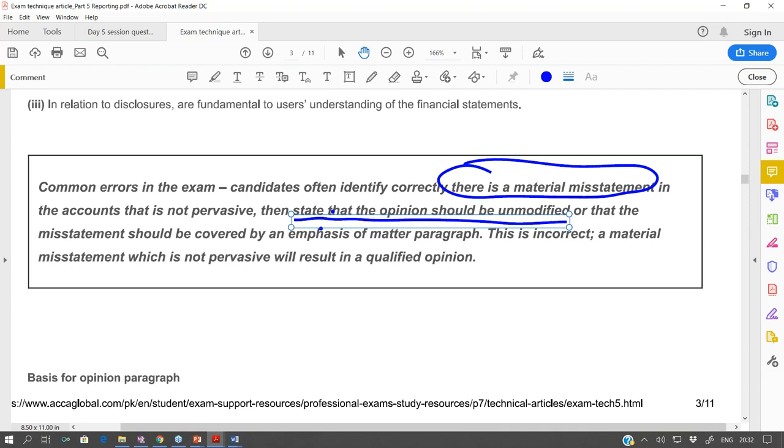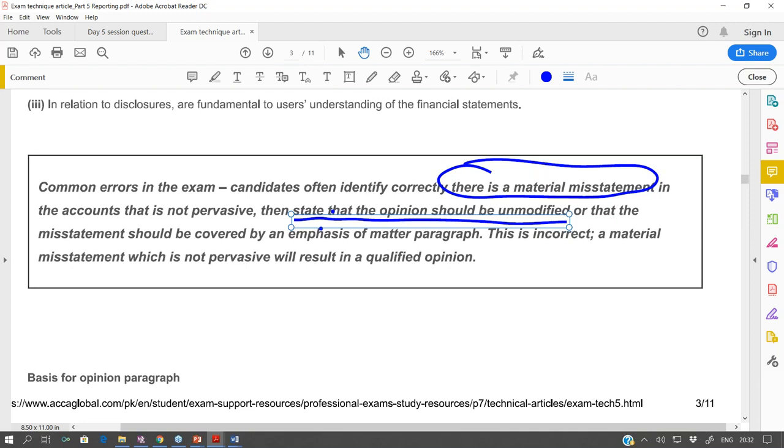So do you agree with what the examiner is saying? These are errors, right? These are errors which the examining team has identified from the past papers students did in the exam hall. Will you all be reading these common errors from this article? Because there is a chance that you might make these common errors.